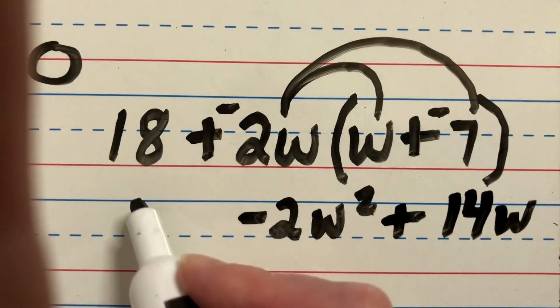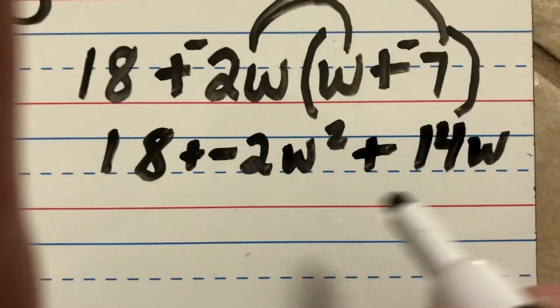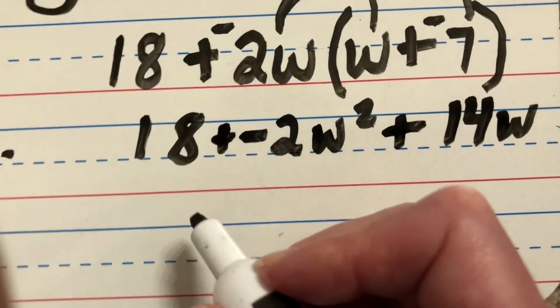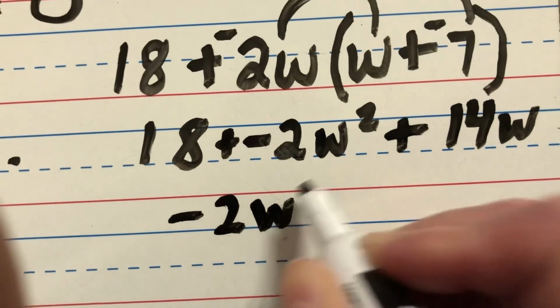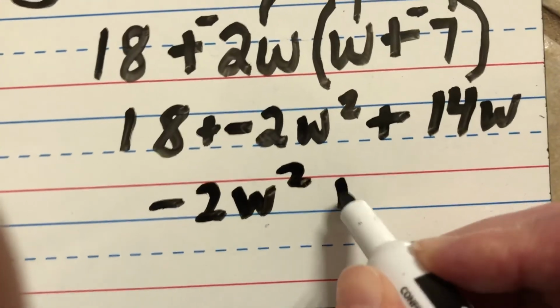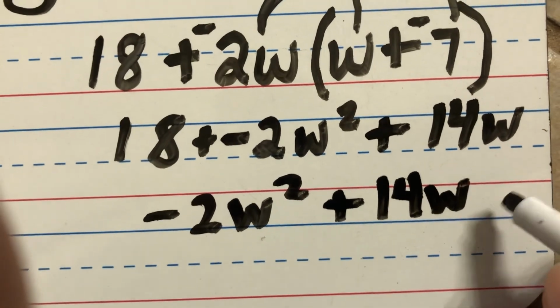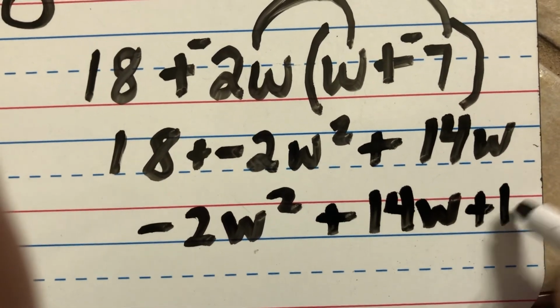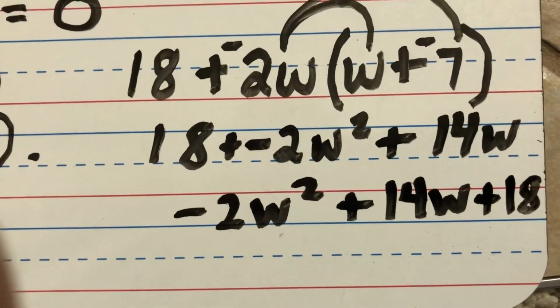And then I just bring down the 18. And then at this point, I'm going to put it in what's called descending order. So I put the variable that has the highest exponent first, followed by the next variable, followed by the number 18. Usually I put the numbers, which are called the constant terms, last.